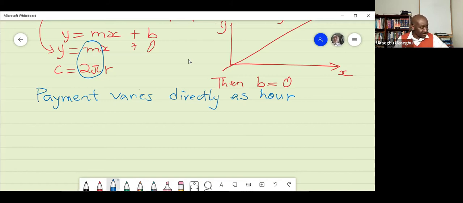Any questions so far? Okay, so now if there's no question, let me give you one. Let's just solve one problem about direct variation, and then we'll see how it is applied. Listen to this. In Maryland, the state income tax is directly proportional to the gross income.